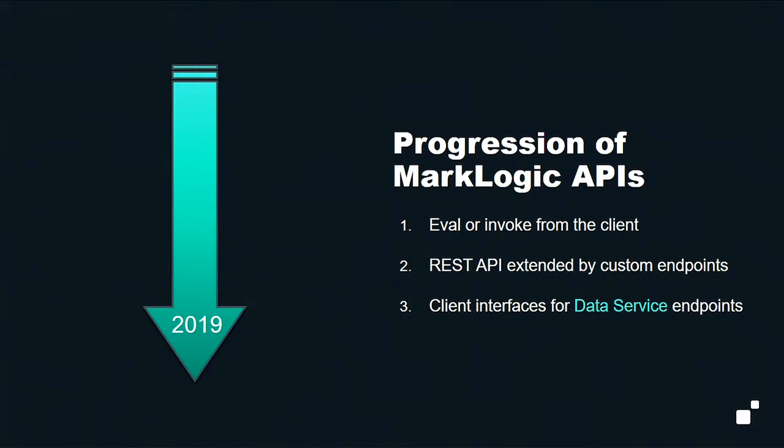And really, MarkLogic has always recognized the value of executing code close to the data. The initial client API executed XQuery, invoked or evaled XQuery on the database. We introduced the REST API to provide standard endpoints for common operations on documents, reading and writing documents and querying documents.